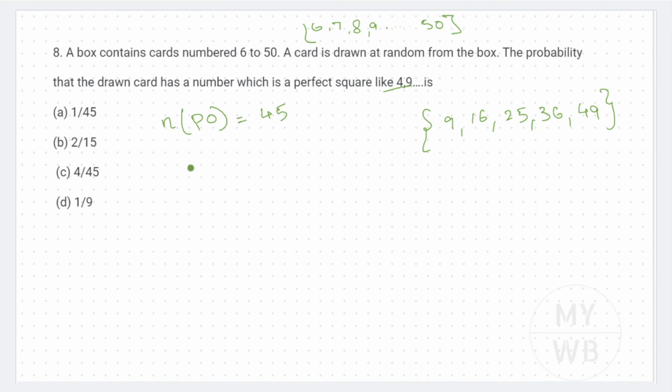So the favorable outcomes are 9, 16, 25, 36, 49, which are the perfect squares between 6 and 50. So number of favorable outcomes is 1, 2, 3, 4, 5. Hence probability of getting a perfect square card is 5 by 45, which is 1 by 9. Option D is the correct answer.